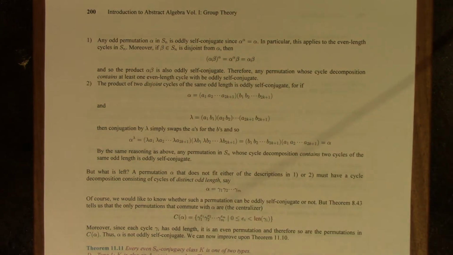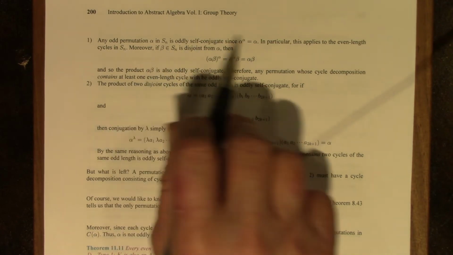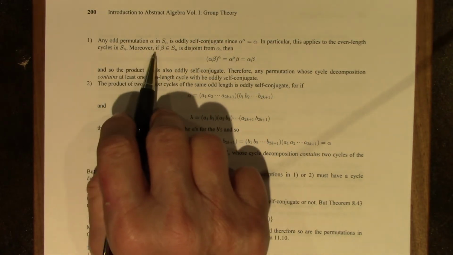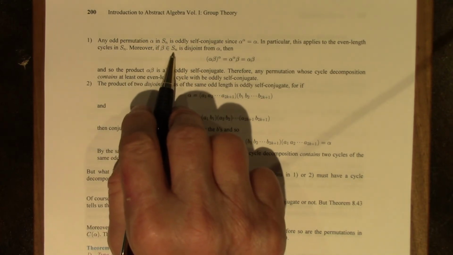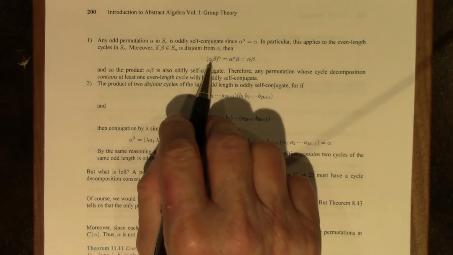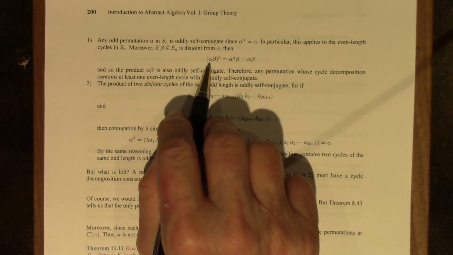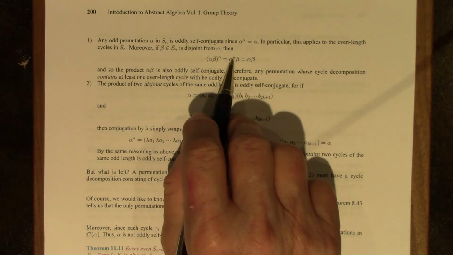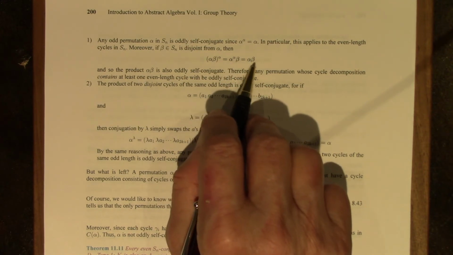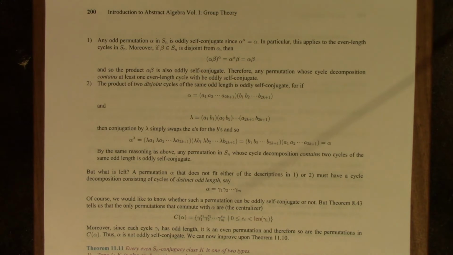So this applies in particular to any even length cycle. Remember, even length cycles are odd permutations. In addition to that, if we have an odd permutation alpha and any other permutation beta that's disjoint from alpha, then when we conjugate the product alpha beta by alpha, it does nothing to beta, so we get alpha to the alpha beta, which is alpha beta, so the product is also oddly self-conjugate.